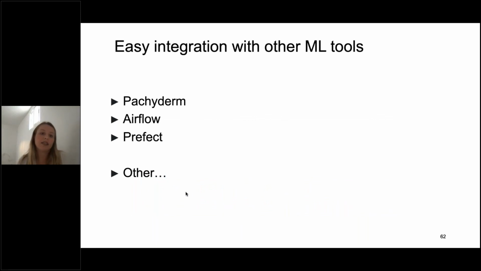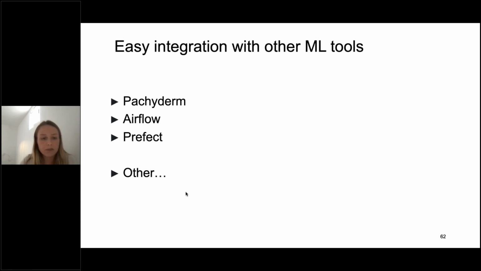And another thing that is very important in a data labeling pipeline is that it should integrate easily with other machine learning tools. Nowadays machine learning engineers and data scientists use a lot of tools to orchestrate and monitor algorithms, and we've been experimenting with the integration of Toloka.